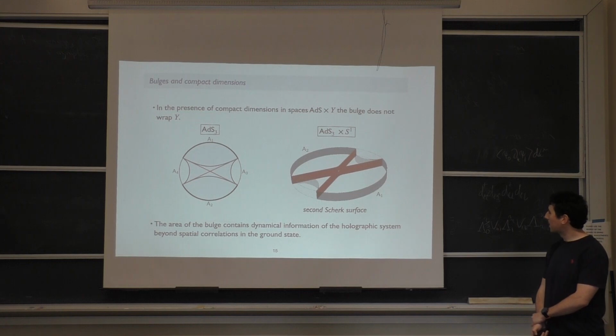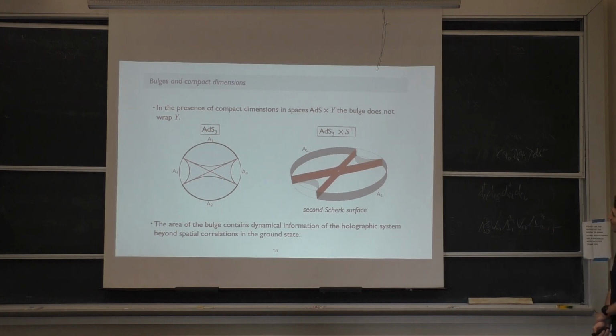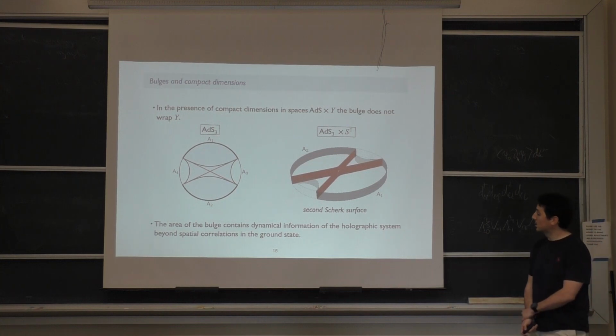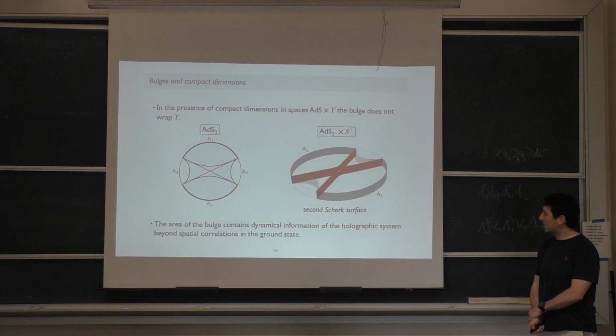Well, what would fix it? The input data don't break the symmetry, right? Yeah, that's a good point. Yeah, I have to think about that. Yeah, it could be a spontaneous breakdown of the symmetry.